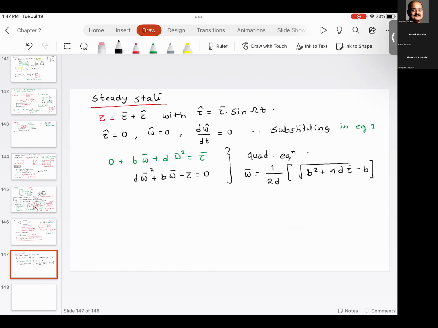And then the last part, what we want to do is substitute all these values in the equation.